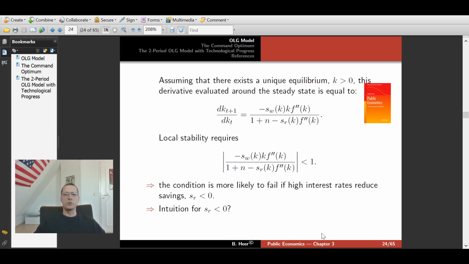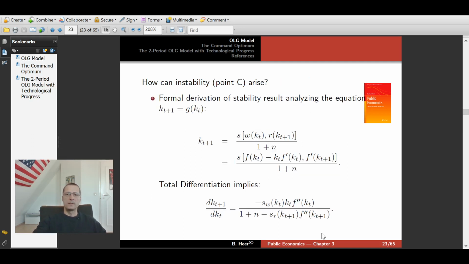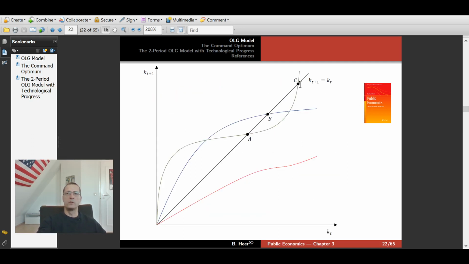Now, what's the intuition for this? Let's go back here to this graph of our dynamics. Let's assume we are on point C and we increase capital stock. As a consequence of higher capital stock, the interest rate declines. Now, if S_R, the partial derivative of savings with respect to the interest rate, is negative, this means that our savings go up.